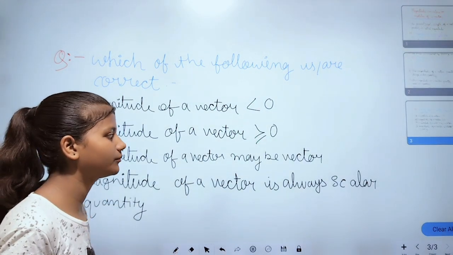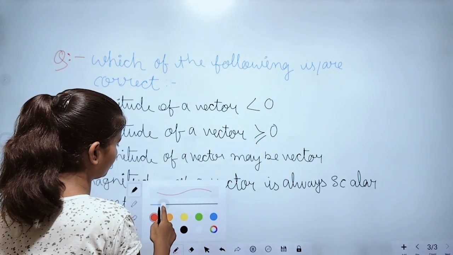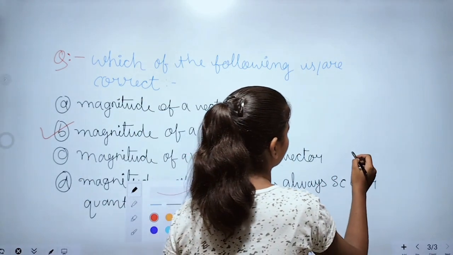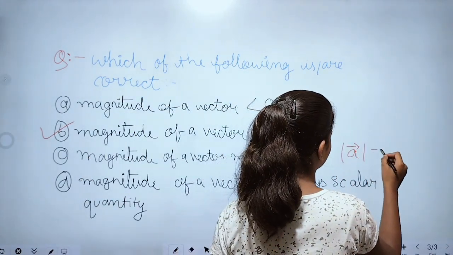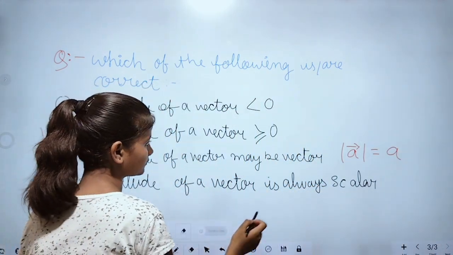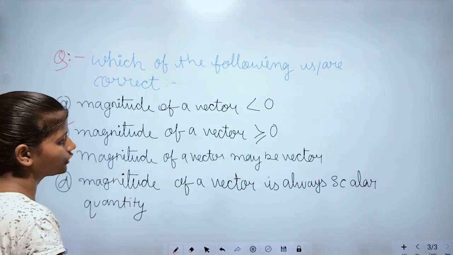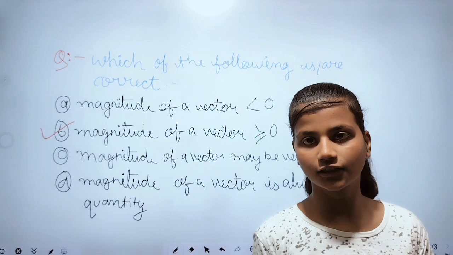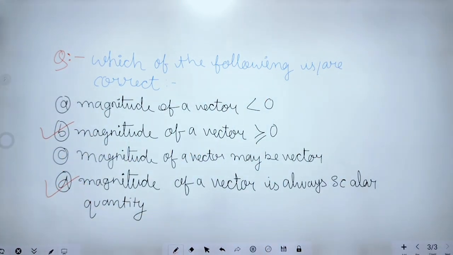That the magnitude of a vector quantity may be a vector? No. Why? Because it was a vector, and when you put modulus, then the arrow is removed. So this one is not true. Magnitude of a vector quantity is always a scalar quantity? Yes, it is true that the magnitude of a vector is always a scalar quantity.